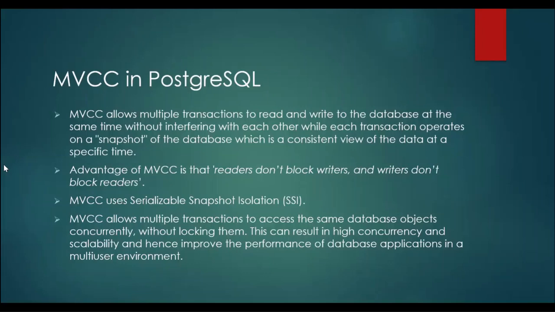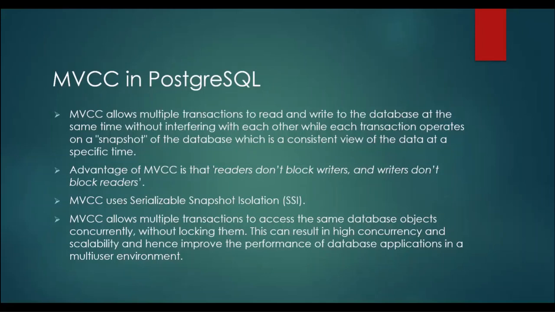This is one advantage in Postgres. Your application, compared with Oracle, is very fast because readers don't block writers and writers don't block readers, since it creates multiple snapshots in the same table and you don't have locks in this situation. Internally it uses an algorithm called serializable snapshot isolation.